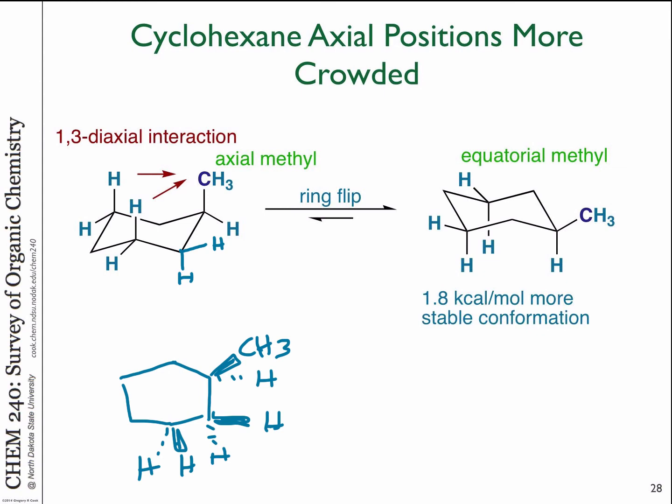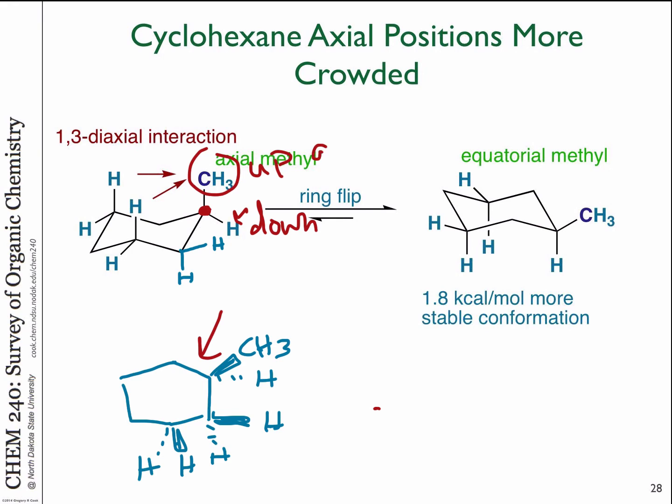So if we look at this structure of the chair conformation, okay, on this carbon that I'm highlighting red, what's the top position and what's the bottom position? Pretty easy, right? Here's the up or top position if you're to look flat on the ring like this. Here's the down or bottom position. Okay.